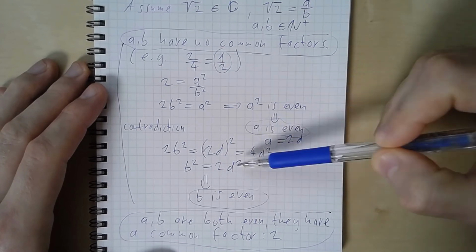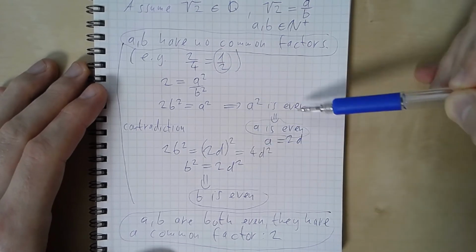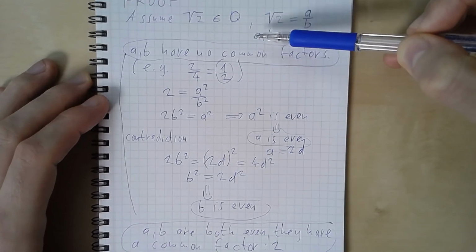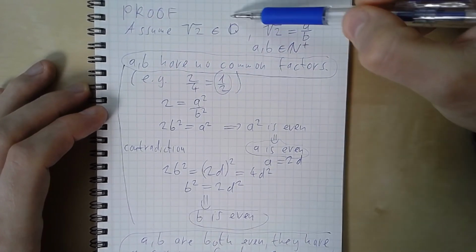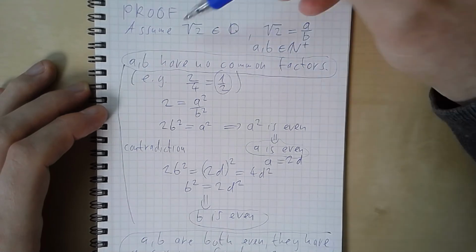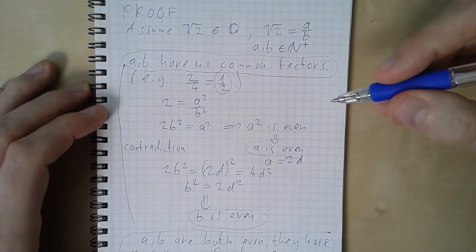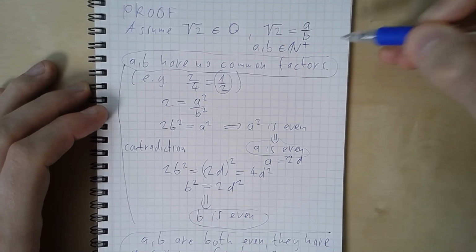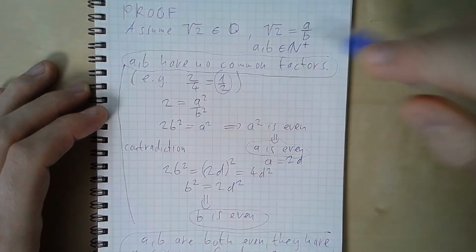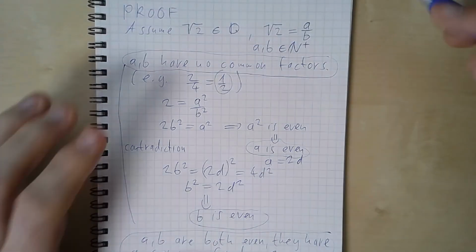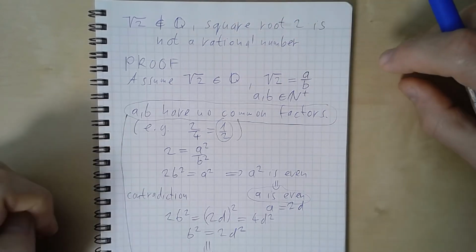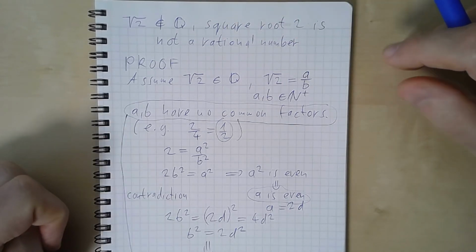And it turns out that it's fine here, it's fine, no mistake there. The only possibility is that our initial assumption that square root 2 is a rational number and can be written as a ratio of two whole numbers is the only place where it can go wrong. So we conclude that we proved that square root 2 is not a rational number.